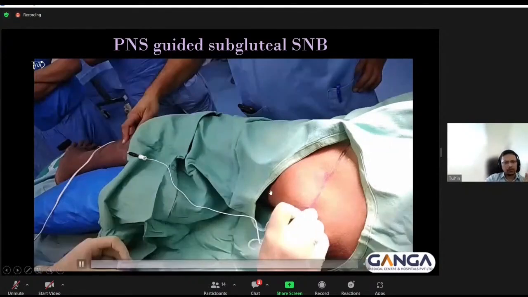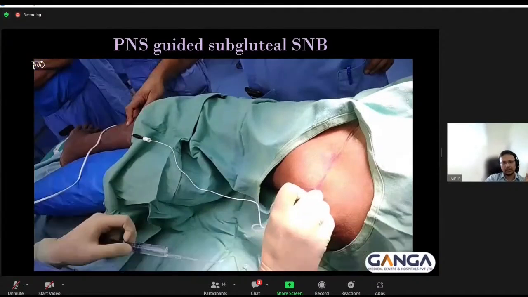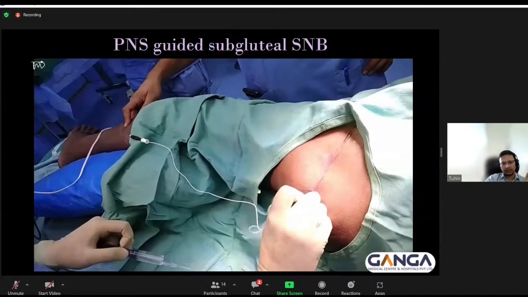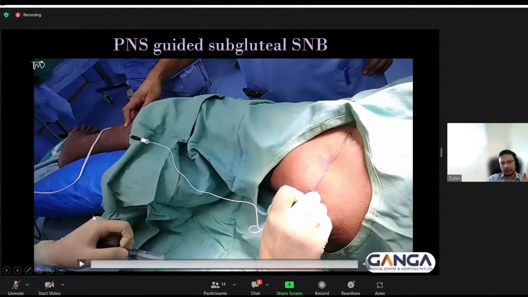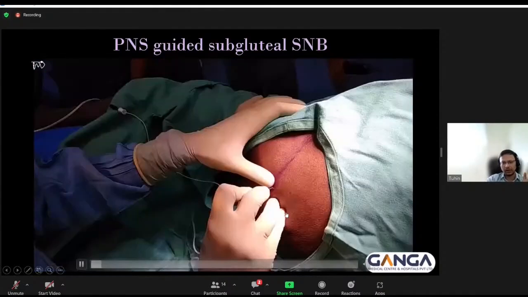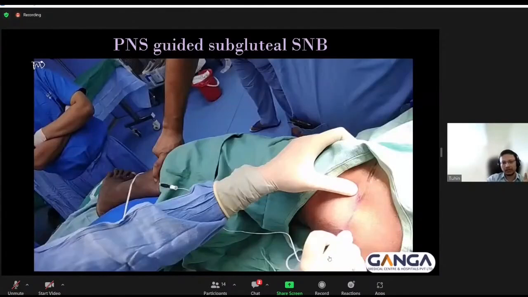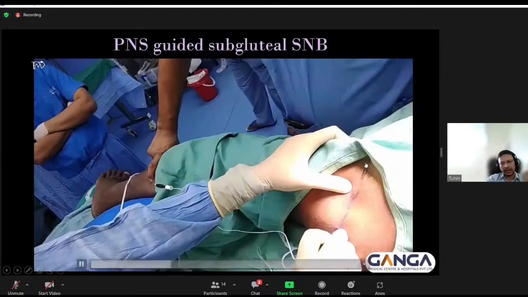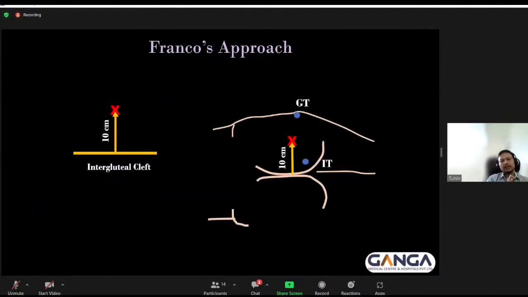After about 5 to 7 centimeters, a 80 millimeter or 10 centimeter needle is chosen for this approach, and you will get the desired response, that is plantar flexion or eversion or dorsiflexion. At this proximal level, any response is acceptable. These two landmarks are usually palpable even in obese patients.